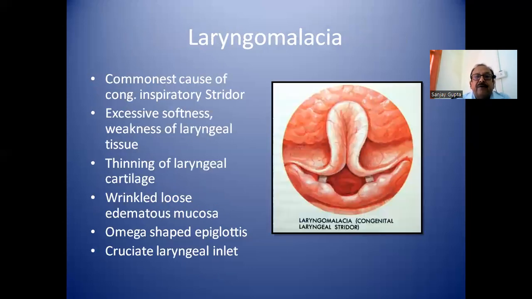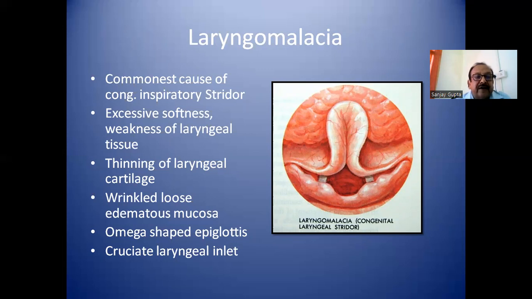A few words about some conditions causing stridor: laryngomalacia. It is the commonest cause of congenital inspiratory stridor. It is due to excessive softness or weakness of the laryngeal tissues, especially the laryngeal cartilages.